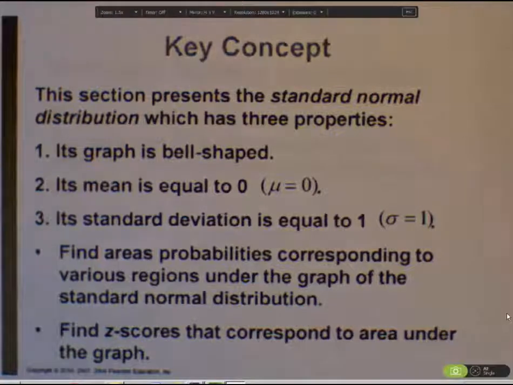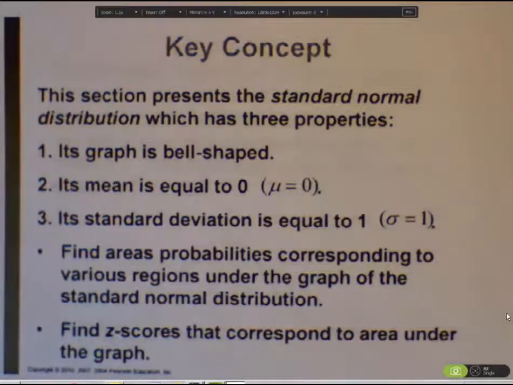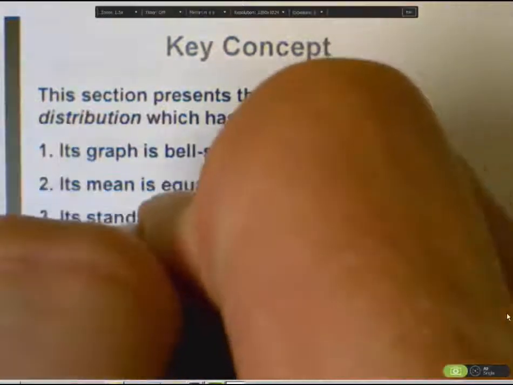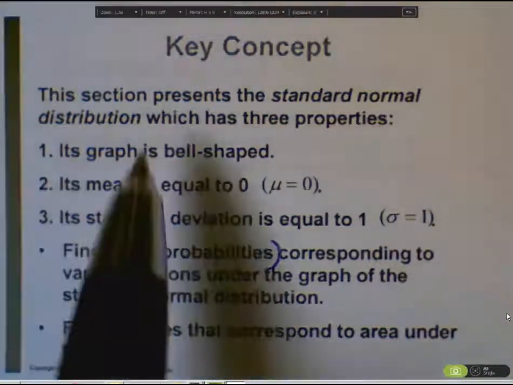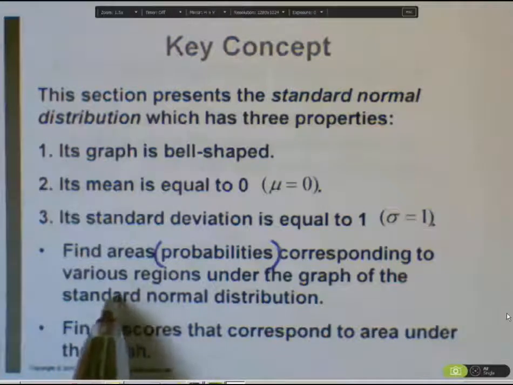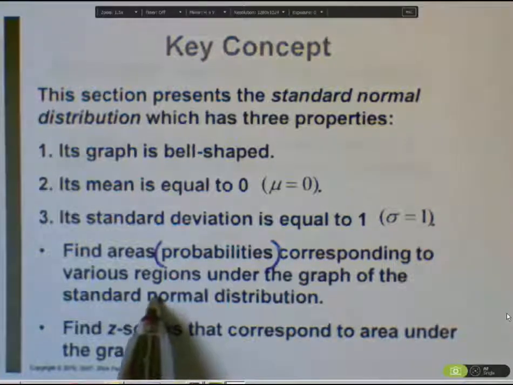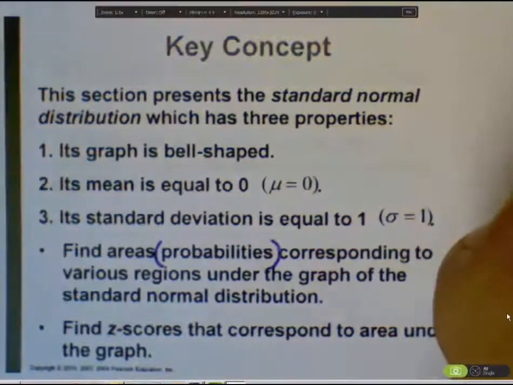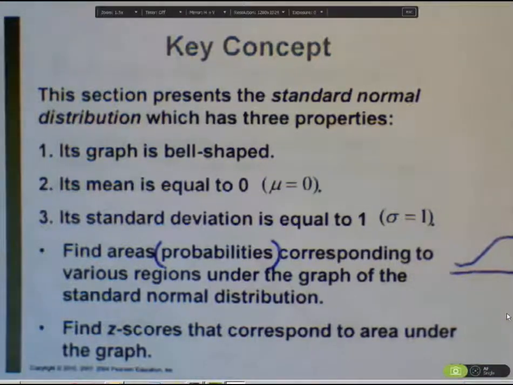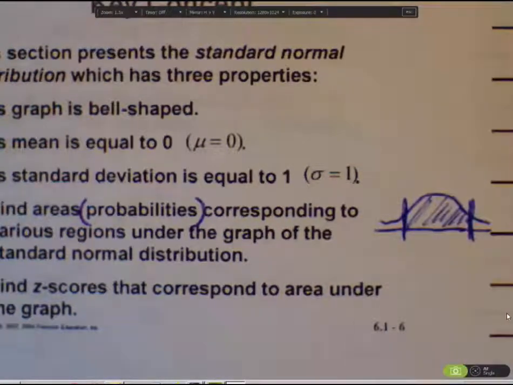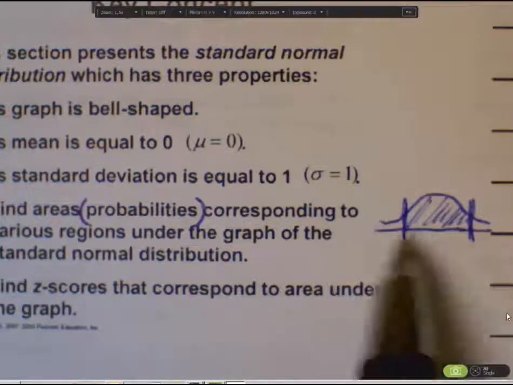The 2 things we're going to do in chapter 6 are, first, find areas or probabilities. Probabilities and areas are synonymous. We'll find areas or probabilities corresponding to various regions under the graph of the standard normal distribution. In other words, for all the word problems, we're going to draw a standard normal distribution, and we're going to be given some left score and some right score, and we're looking for the area between those 2 values, or the probability that a value lies within that range.